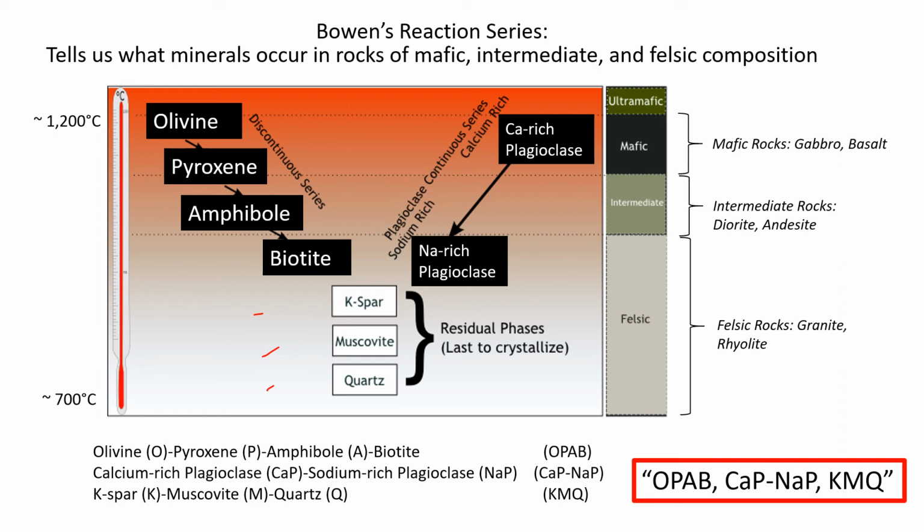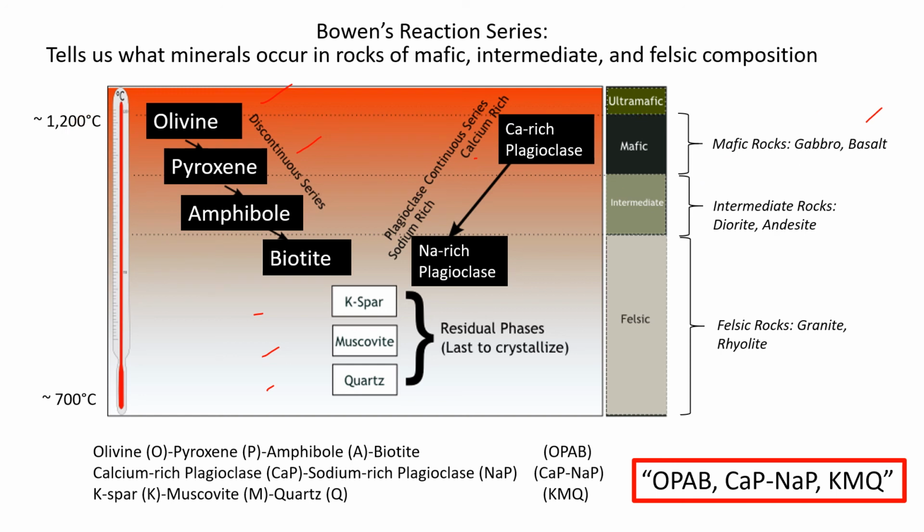So for example, if we have an igneous rock of mafic composition, all we do to estimate the mineralogy of all mafic rocks is we just see what minerals correspond to the mafic band, that upper row of Bowen's reaction series. And you can see here that according to Bowen's reaction series, mafic rocks like gabbro and basalt tend to be enriched in olivine and pyroxene and calcium-rich plagioclase.